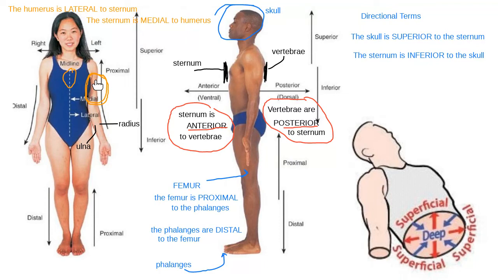The way you know which words to use is you're always going to look at either the shoulder, if it's two things on the arm, or the hip, if it's two things on the leg. So absolutely every time you see two bones on an arm or two bones on a leg, you only have two options, proximal and distal.